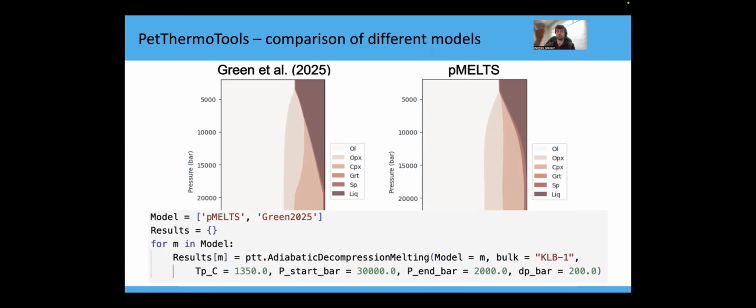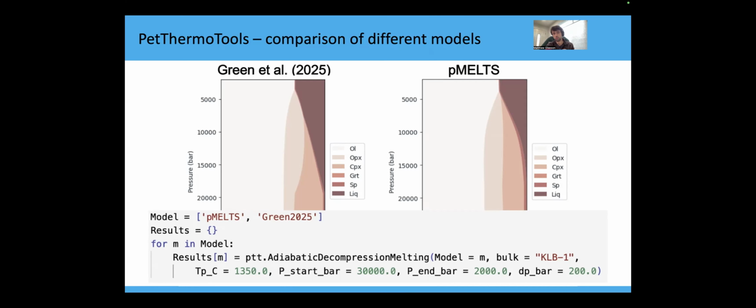Even though alphaMELTS and MAGEMin require very different input structures in order to run calculations, what PetThermoTools does is allow you to use one input function, and then it redistributes that material so that it's understood by either alphaMELTS or MAGEMin, runs the calculations, and once the calculations are done, it's returned back to PetThermoTools, and it once again will reorganize the output structures so that they have the same format on the output.